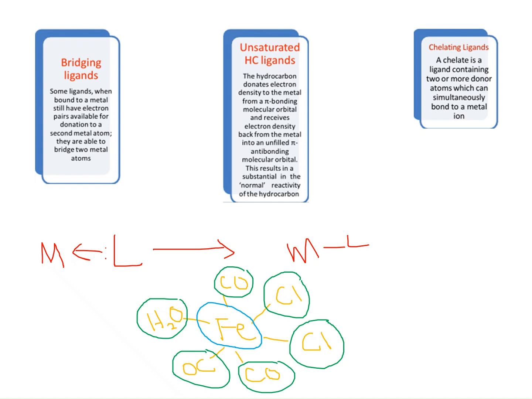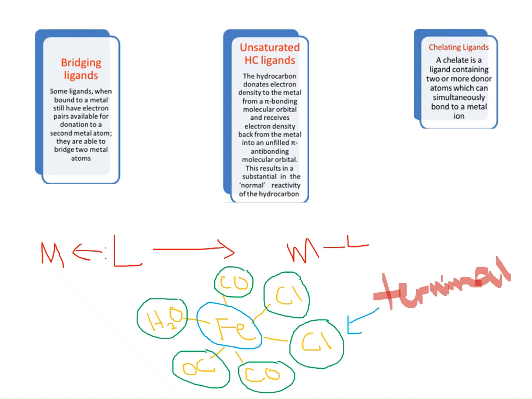So all these ligands, chlorine, carbon monoxide, water, are called terminal ligands. Why? Because this ligand coordinates to only one metal. Now, what if the same ligand coordinates to another metal?